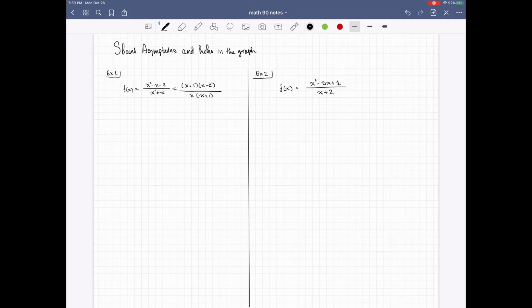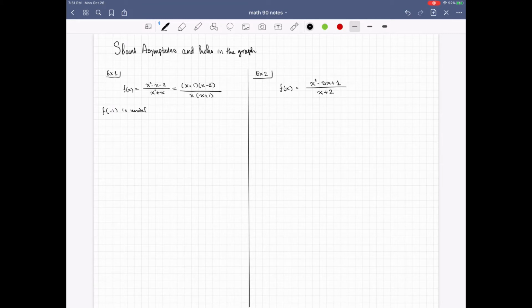Oh, look at that. We have a matching factor in the numerator and the denominator. So you might be tempted right away to cross those out and pretend you never saw them, but I do want to say before we do that, that this function is not defined at -1.